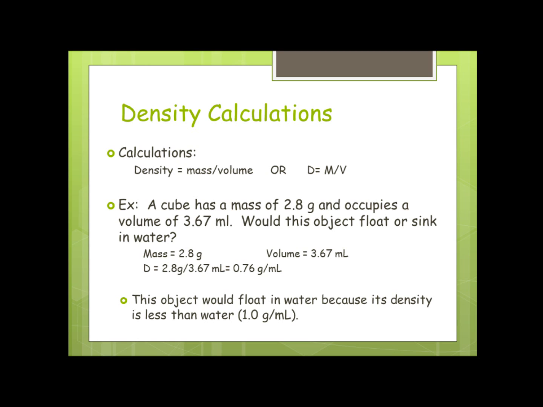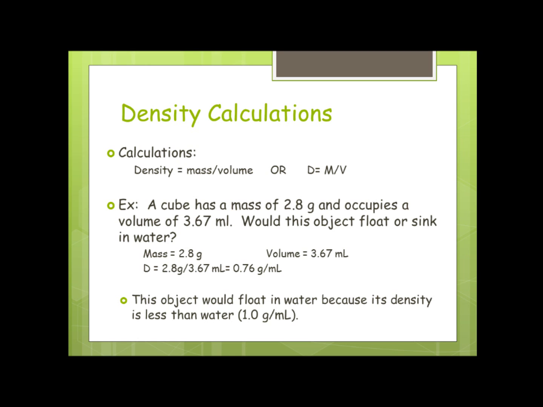Okay? So here's an example. A cube has a mass of 2.8 grams and occupies a volume of 3.67 milliliters. Would this object float or sink in water? So our mass is 2.8 grams.